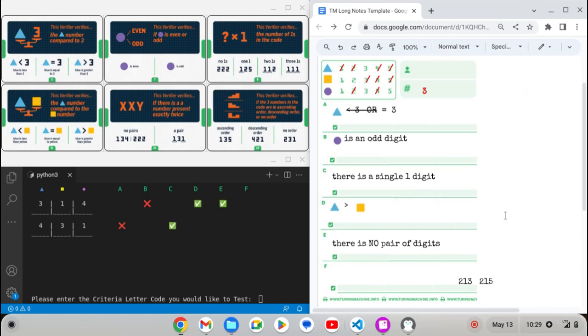Okay, so that would leave us, let me go down here, that would leave us with a lesser amount of possibilities. So that could be 3, 2, and then I'm not sure what circle could be, or it could be 3, 1. And again, I don't know what circle might be.